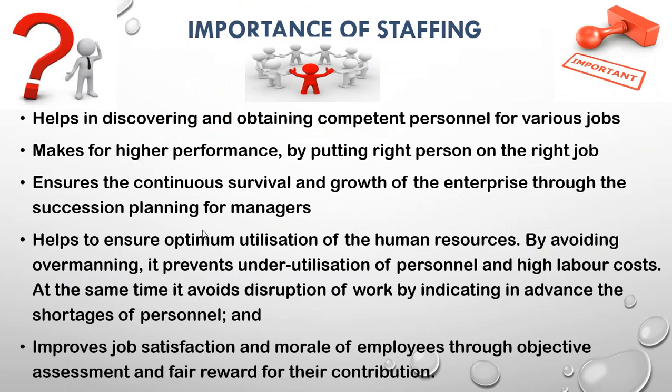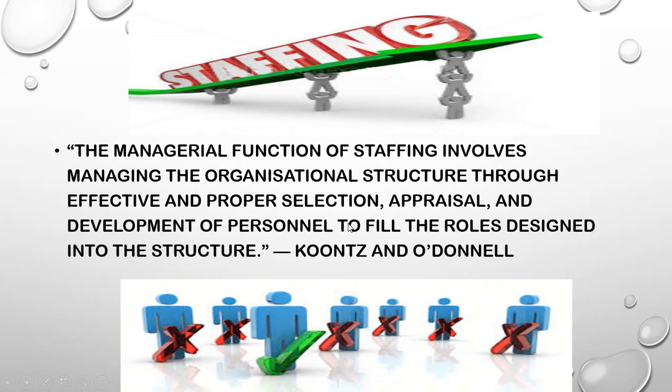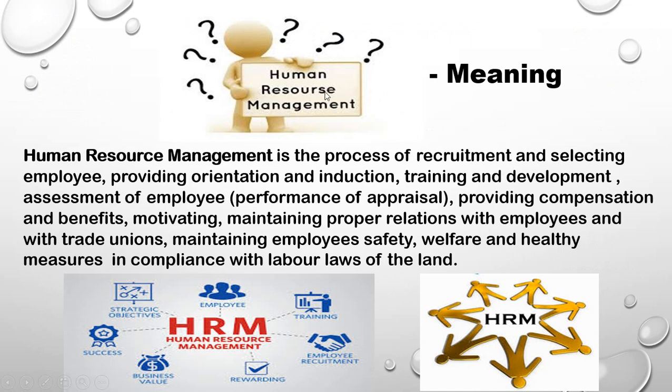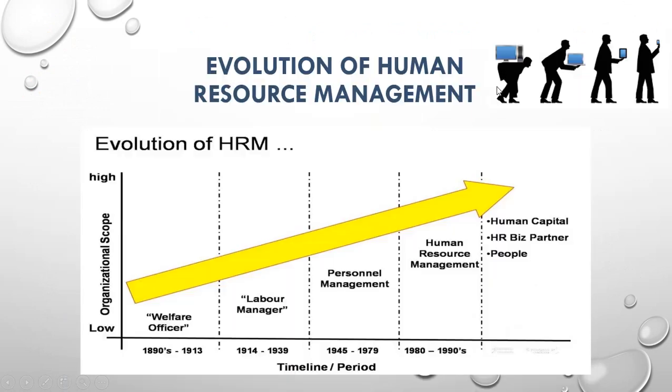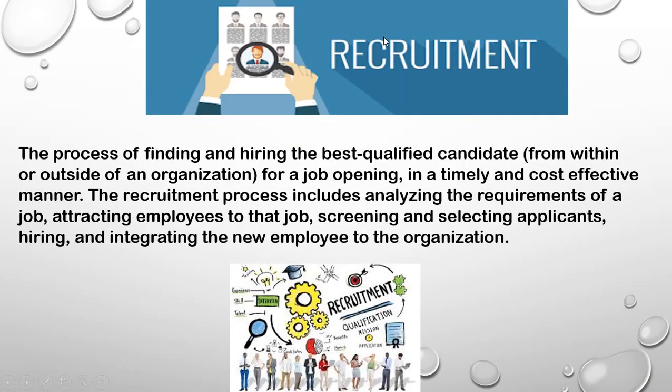Now, in this discussion, I'll be continuing with chapter number 6 of NCERT, that is staffing, in which we have covered topics like staffing, importance of staffing, human resource management, meaning and evolution of human resource management, and staffing process.